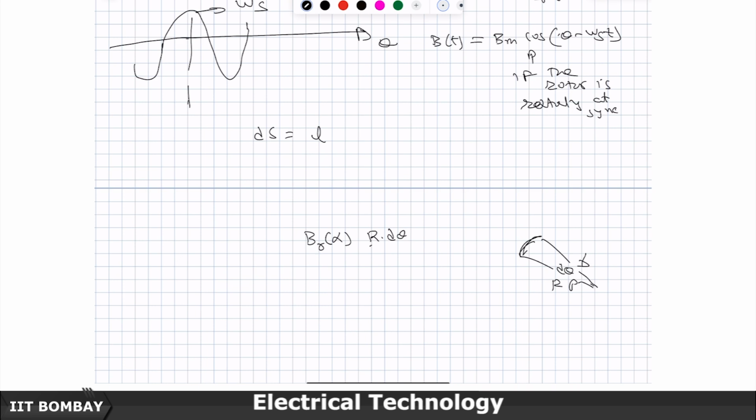So, the cross section area becomes B r alpha cos of this, and these small strips of flux that are being linked with this coil, I have to integrate from theta minus pi by 2 to theta plus pi by 2.